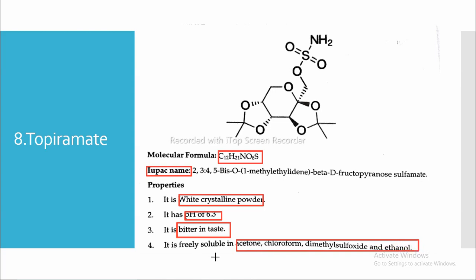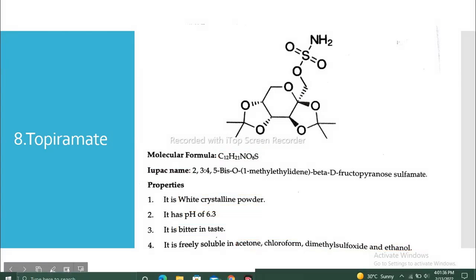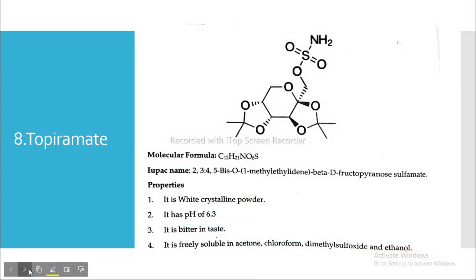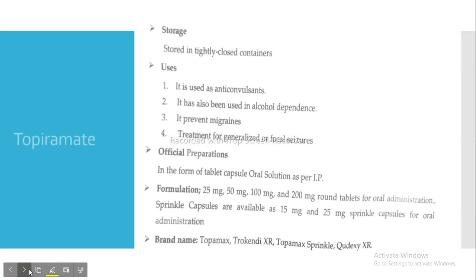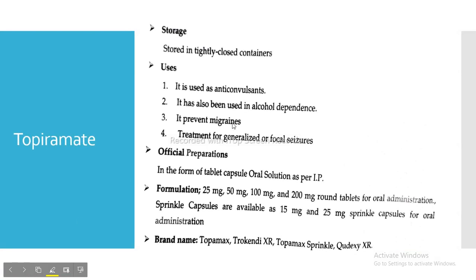So these were the properties of Topiramate. Next we have the storage condition. It should be stored in a tightly closed container. It is used as an anticonvulsant.